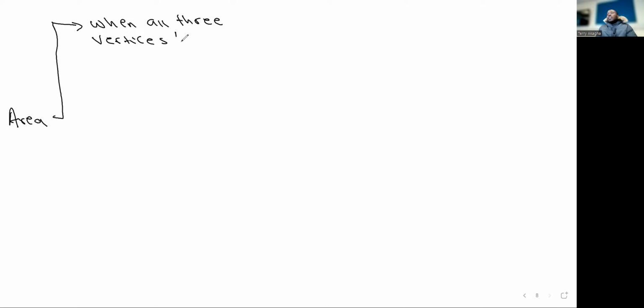So we have area. So like I said, the first one that we can have here is when all three vertices, or coordinates, are known.